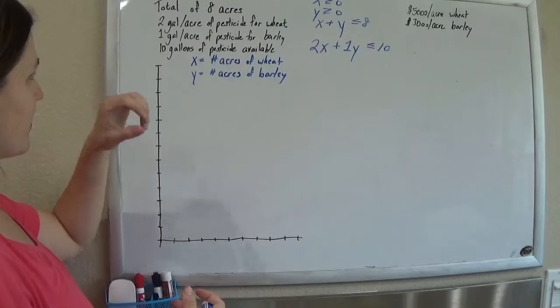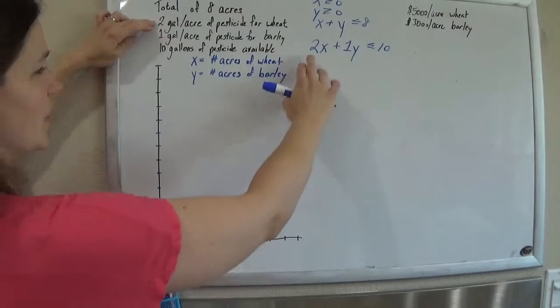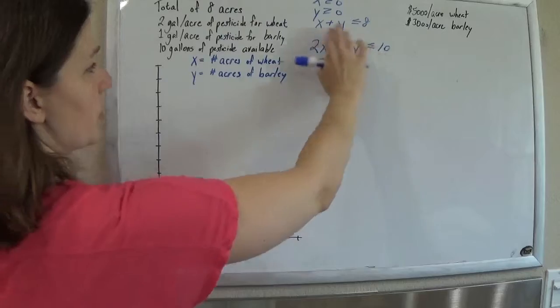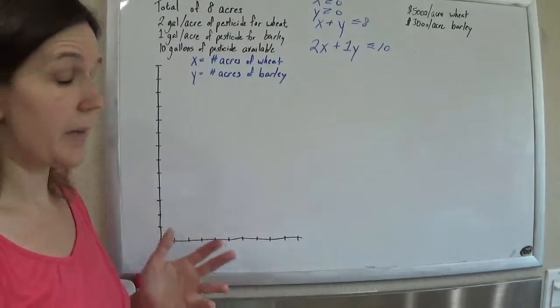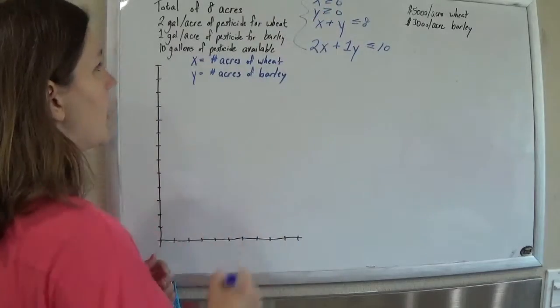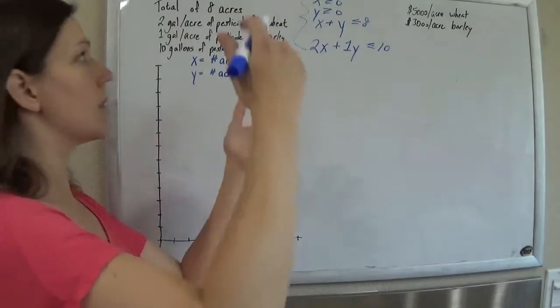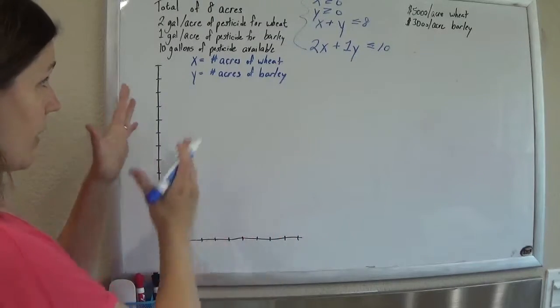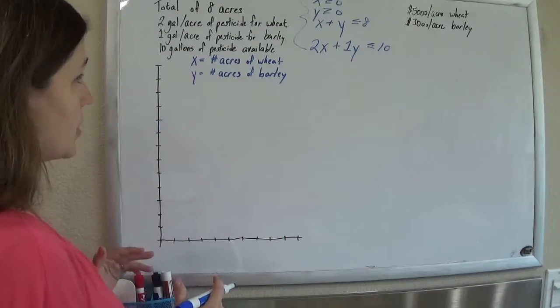So, I think I said that right. So 2 gallons per acre times the number of acres plus 1 gallon times the number of acres, that's the total number of gallons, has to be less than or equal to 10. Okay, so these are all our constraints, because we can't just plant fields and fields of wheat. And so let's graph them to get an idea of how many acres of each we could do.